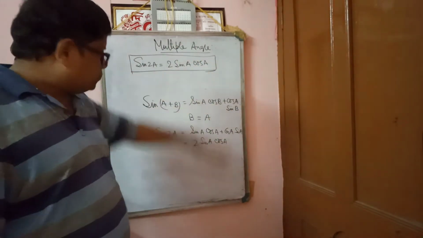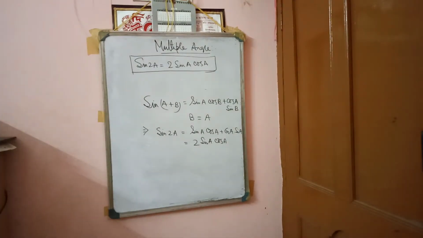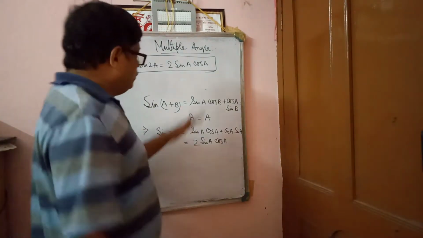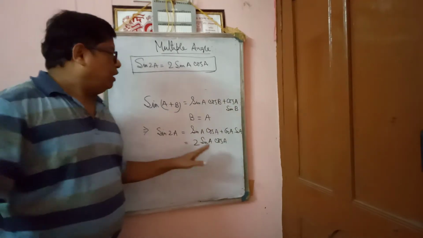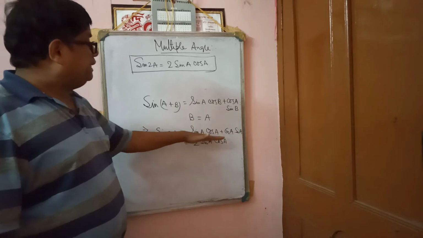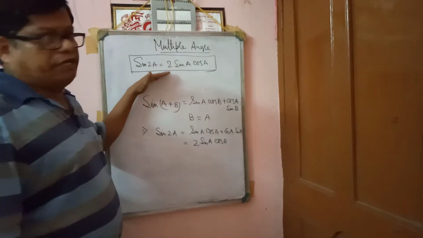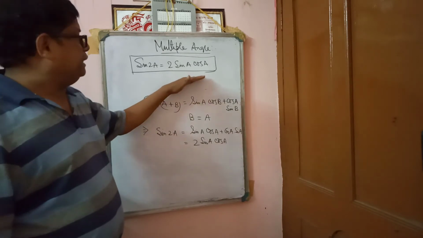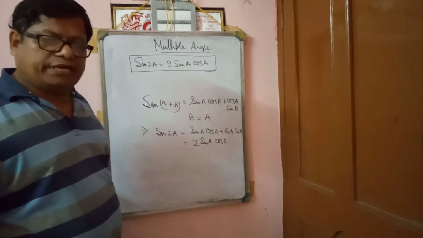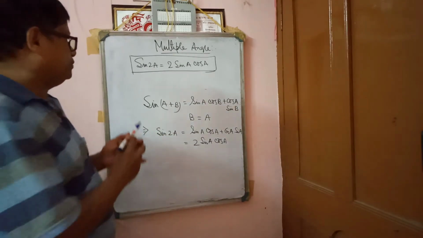So this formula will help you. Sin 2A equals sin A cos A plus cos A sin A, so sin 2A is 2 sin A cos A. Keep this in mind.